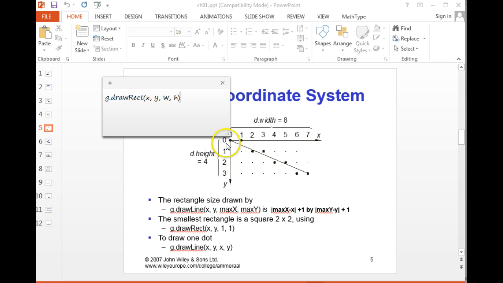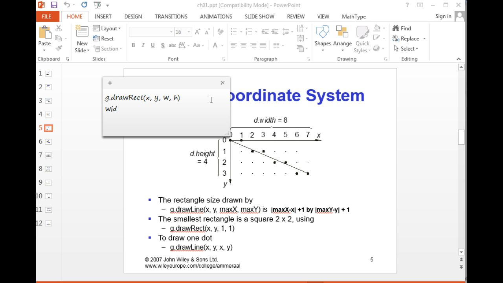So these inputs are different. There's still 4 integer inputs like you have for drawLine, but with DrawRect, the first 2 inputs stand for the top left corner, and the second 2 are the width and the height of the rectangle that you're drawing. And what we do is we end up with a rectangle.